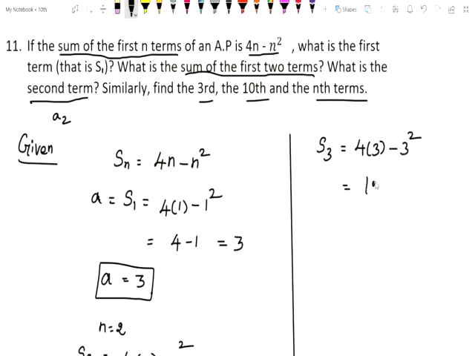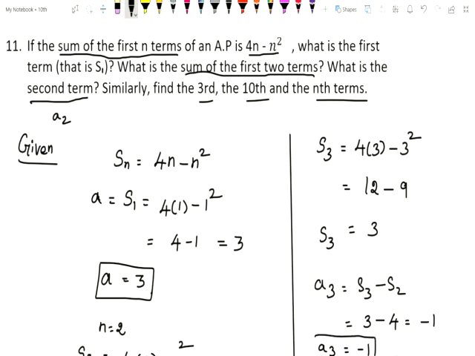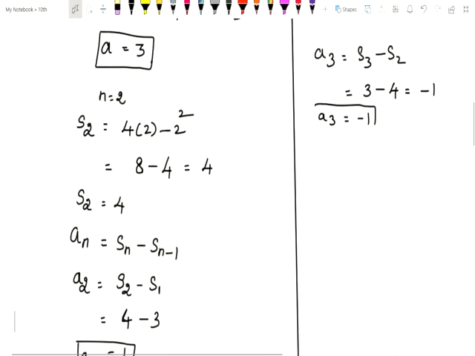So 4 3s are 12 minus 3 square 9. 12 minus 9, 3. So S3 equal to 3. So A3 equal to S3 minus S2. Here you substitute the values, S3 is 3 minus S2 value 4. So 3 minus 4, minus 1. So the third term is minus 1.